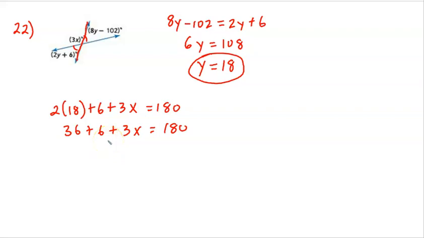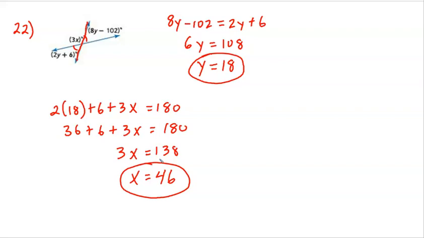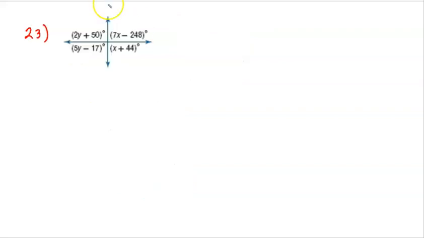So 180 minus 42, 138, divided by 3 is 46. And so those are our variable values for number 22.